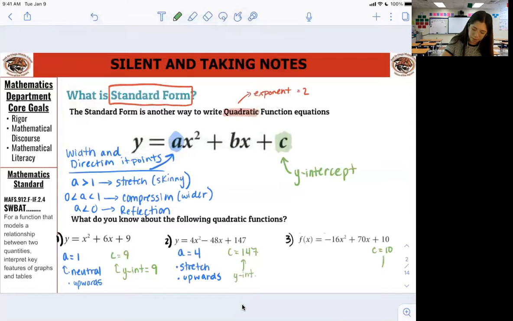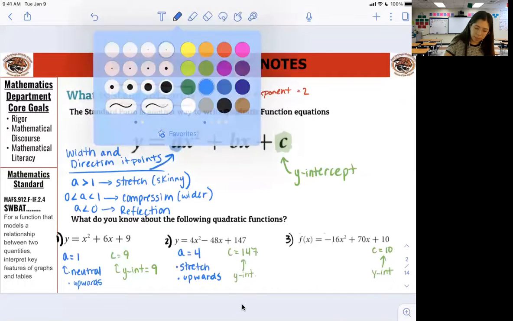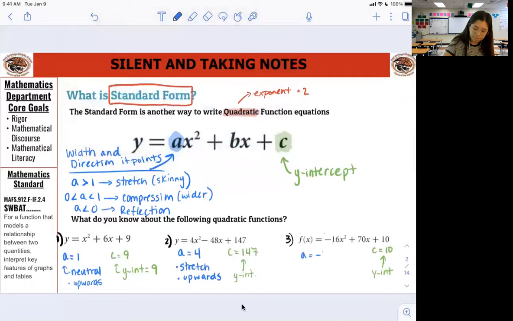So that's the y-intercept. And what does A tell me? The leading coefficient is negative 16. And what is that telling me about the shape of my graph? It's going to be flipped, so it's going to face downwards, and it's going to be stretched.